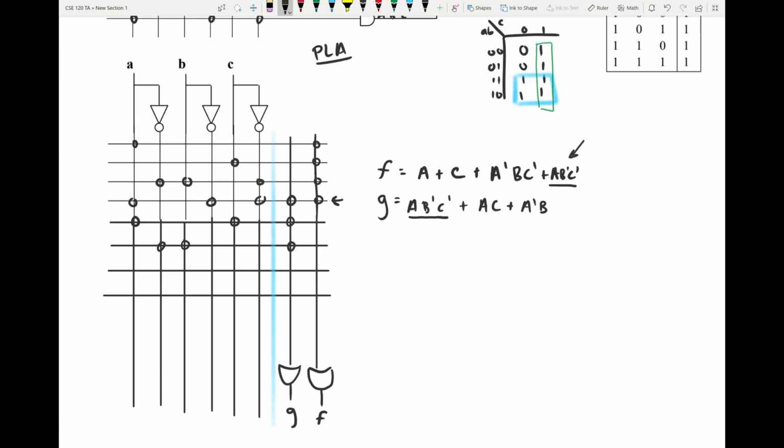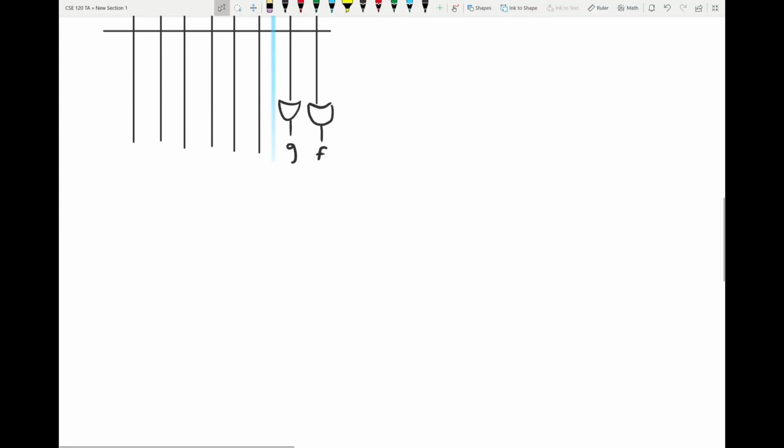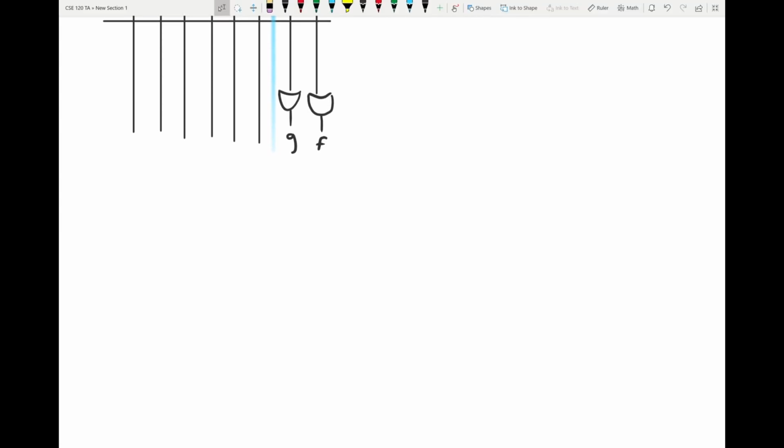Now, we can extend this even farther by considering multiplexers and decoders, which is what we're going to go ahead and look at next. So the multiplexer and decoder are ways of choosing an output based on some sort of selection process. So the first one we'll go ahead and look at is the multiplexer.